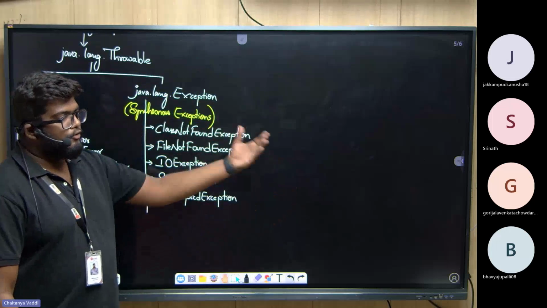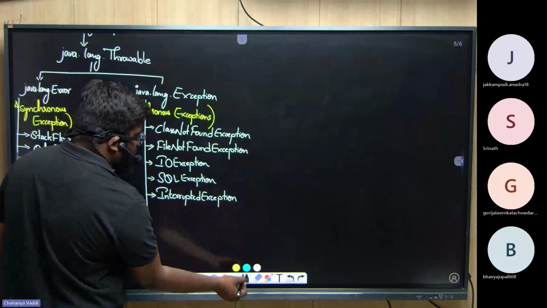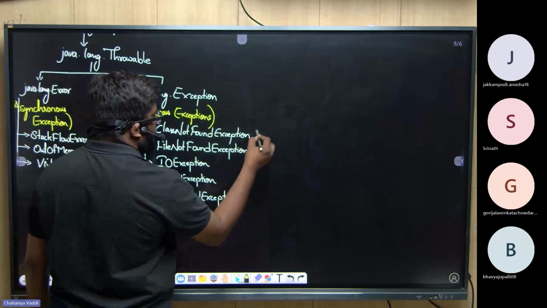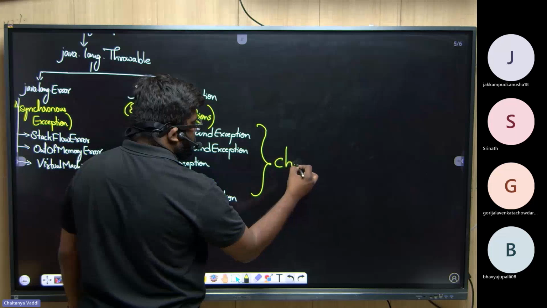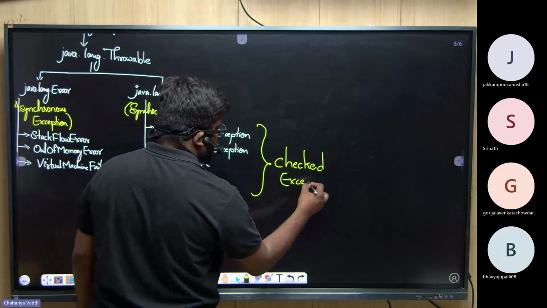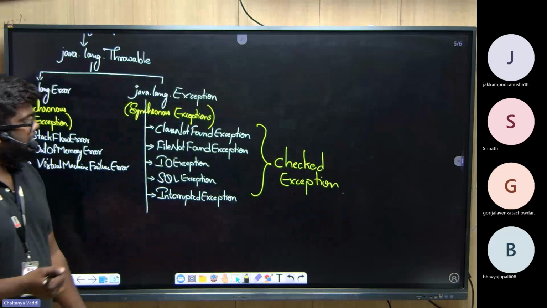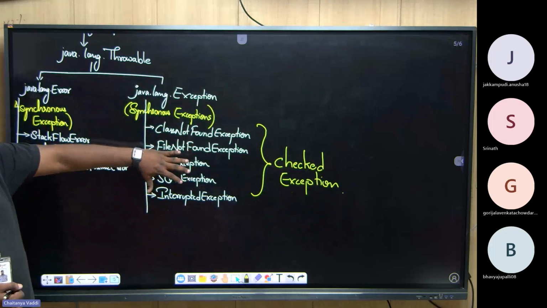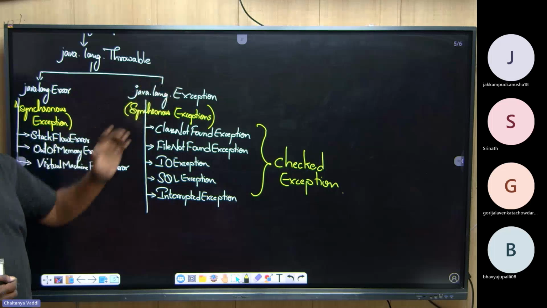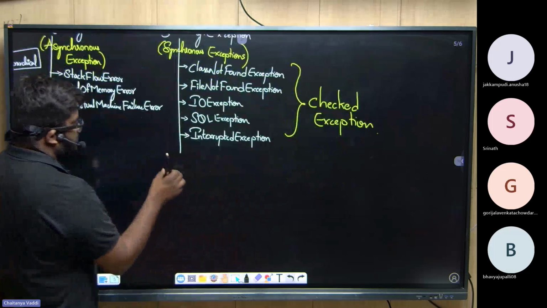Meaning, in the future concepts of learning, we will talk about all these things. And all these classes that I have written here are considered checked exceptions. Okay. So one direct thing that you can understand about a checked exception is that checked exceptions are the direct subclasses of the Exception class. Okay. So they are the direct subclasses of the Exception class.